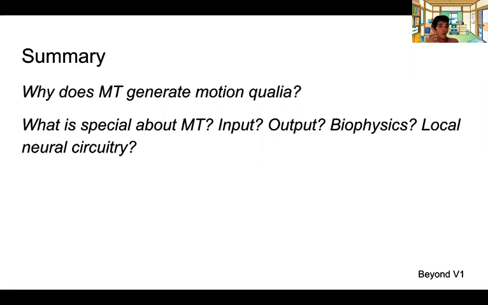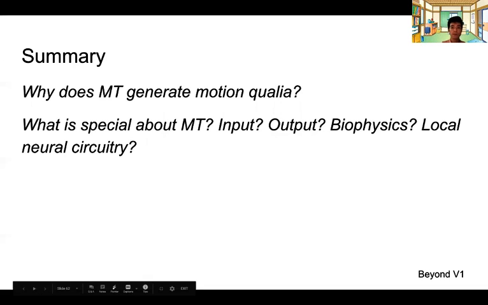Why does this input actually need to cause this motion qualia? That's the question. Another possible answer would be that there may be something really specific about MT neurons' biophysics. Maybe some special receptor that generates motion sensation, which we can't really rule out at this point.